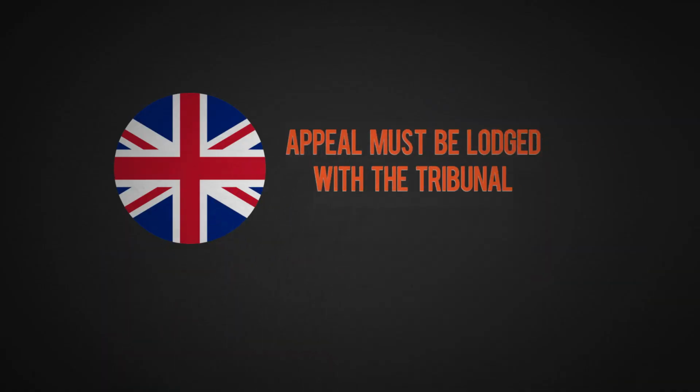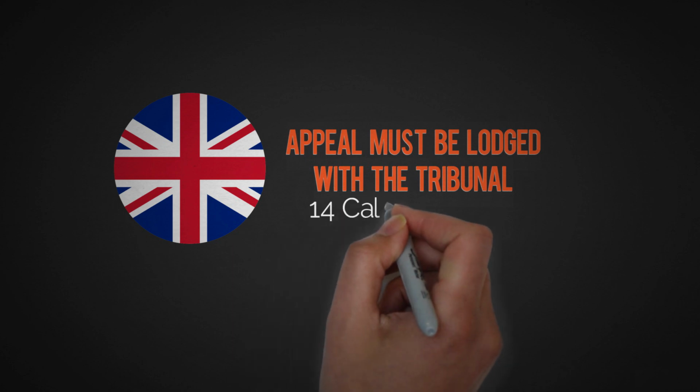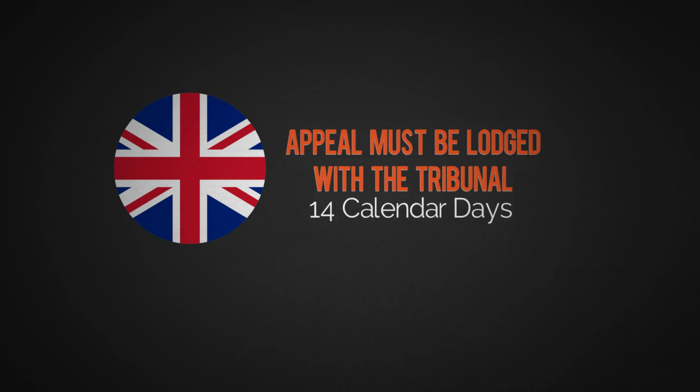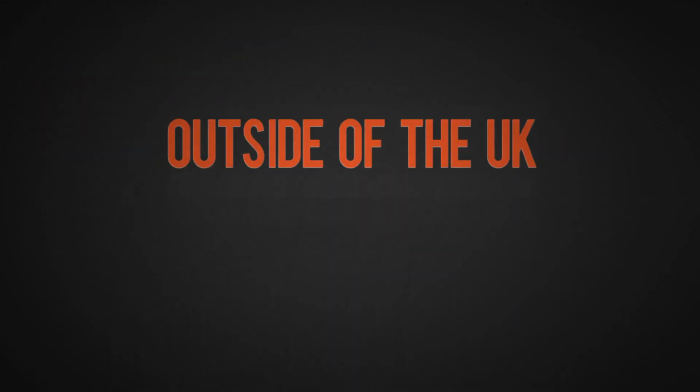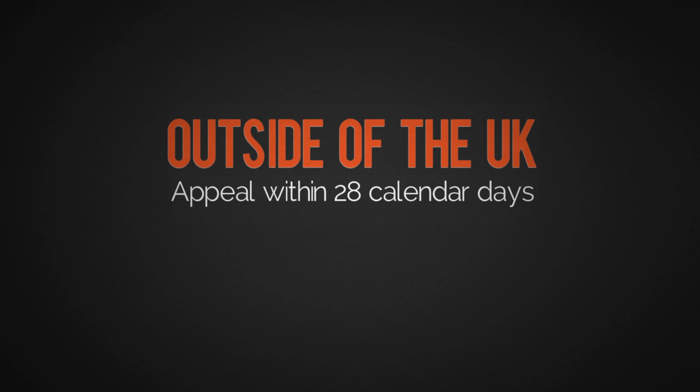Lastly, do remember that if you are in the UK, then your appeal must be lodged with the tribunal within 14 calendar days of the date that you were sent the notice of decision. If you are outside of the UK, then you must appeal within 28 calendar days of the date that you received the entry clearance decision.